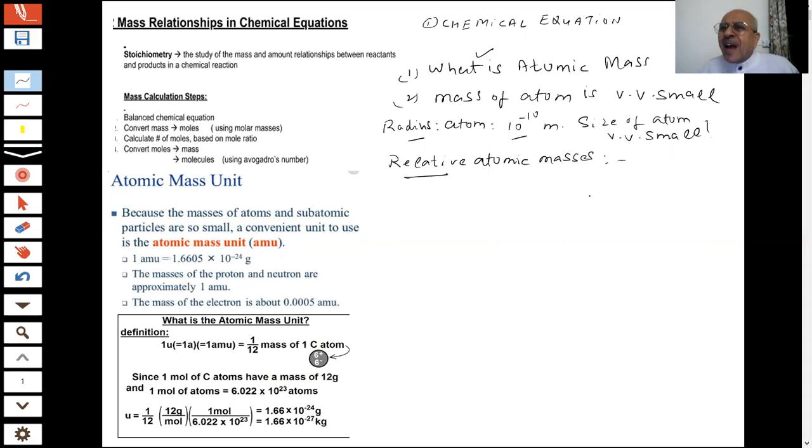So they started doing that, students, by studying the chemical reactions. The masses of atoms and subatomic particles are so small that they had to form some scale to measure or compare the atomic masses of these elements.